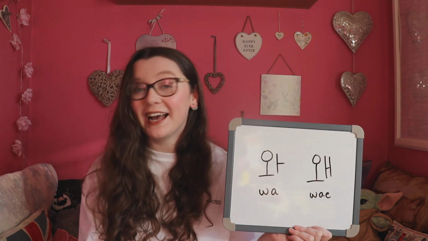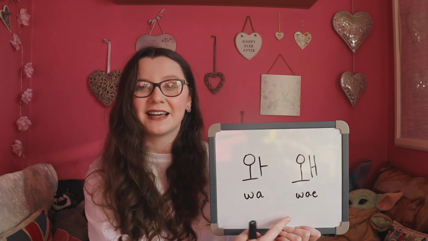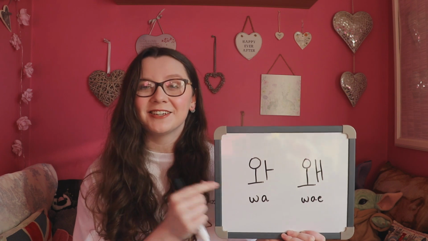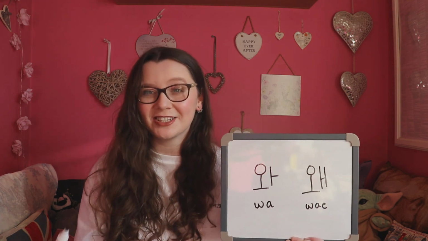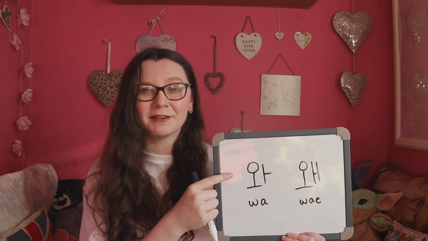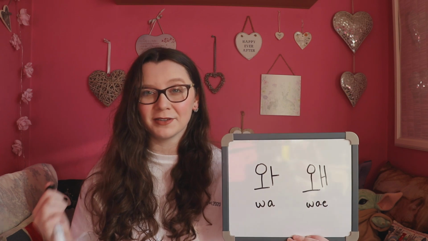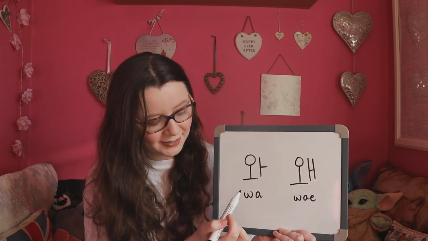Okay, so up next are my absolute favourite, which are combined vowels. So this first one is wa and this second one is way. So the way it works, first of all we're using this eung, so it's silent here because it's at the start of the syllable, you don't pronounce it, don't worry about it, but you need to write it when you're writing just vowels on their own, so just get into the habit of it now. So it has these two vowels next to each other like this.